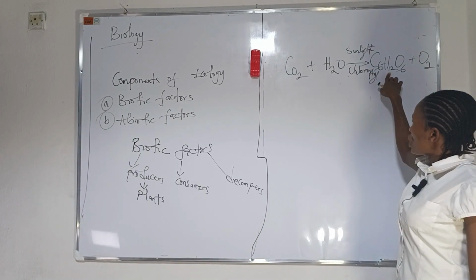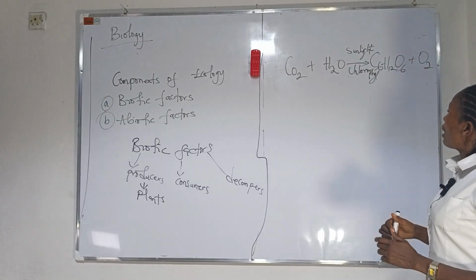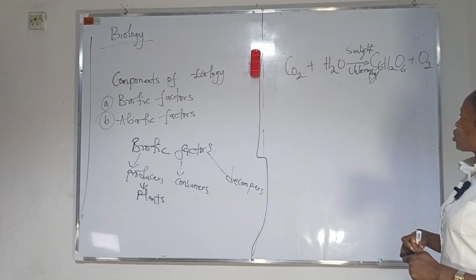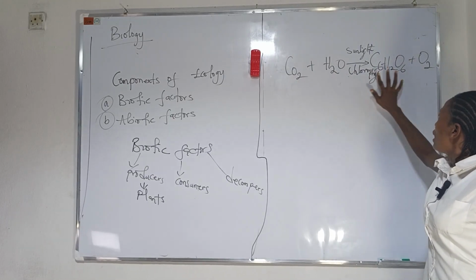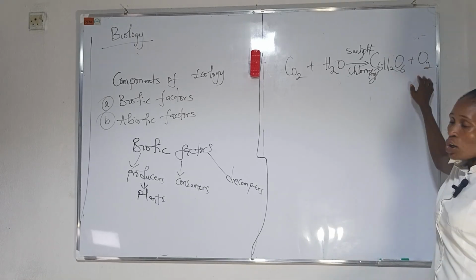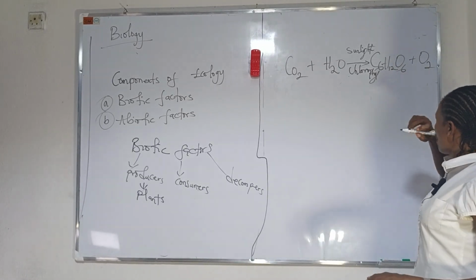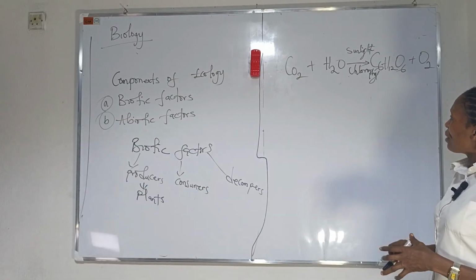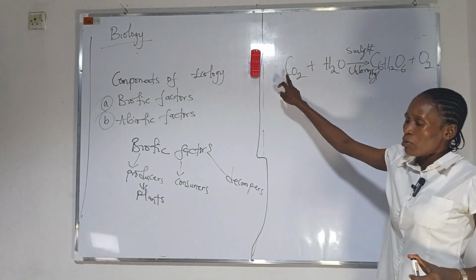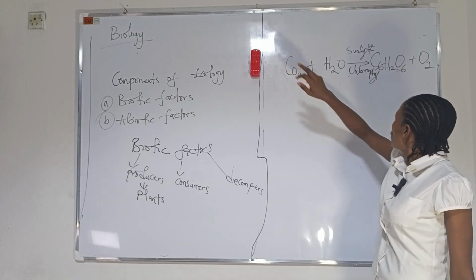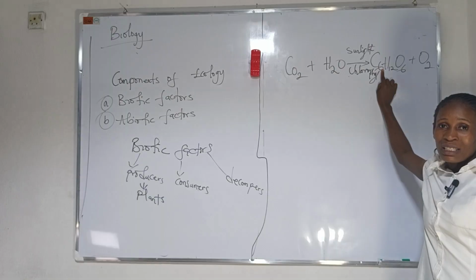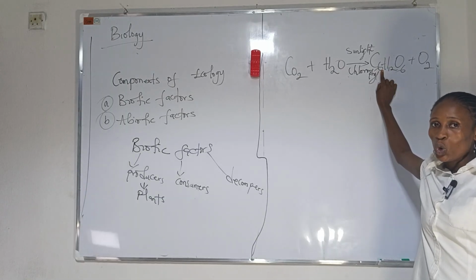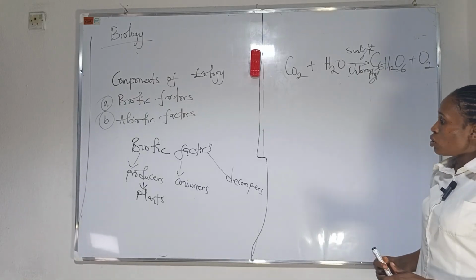So for this equation, I want to look at it just to know if it is balanced. This is carbon dioxide and this is water, giving rise to glucose, and this is oxygen. I will start balancing my equation. What am I having here? Carbon is on the reactant side, just one. And on the product side, I am having 6 molecules of carbon. Is it balanced? No. Following our rules while balancing a chemical equation, what am I going to do?